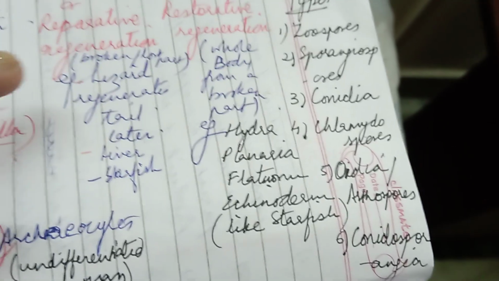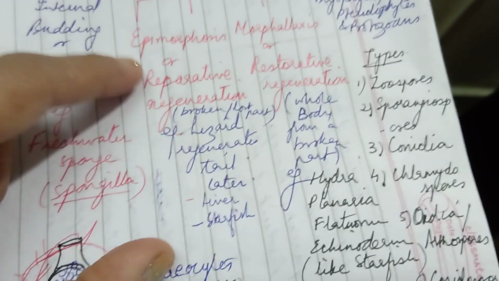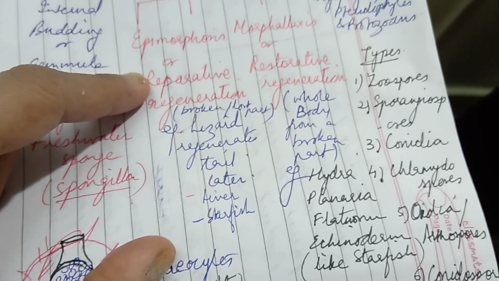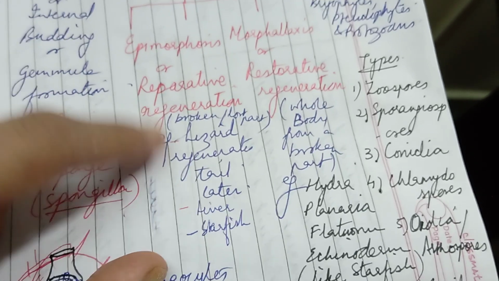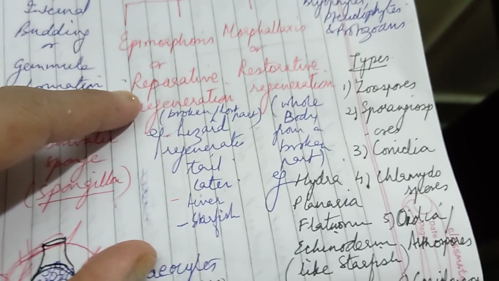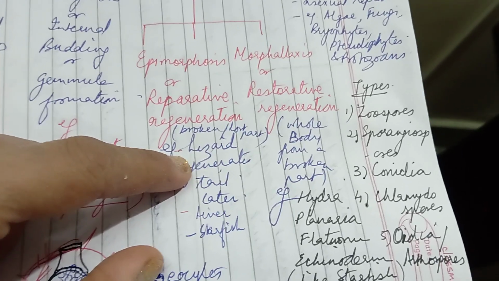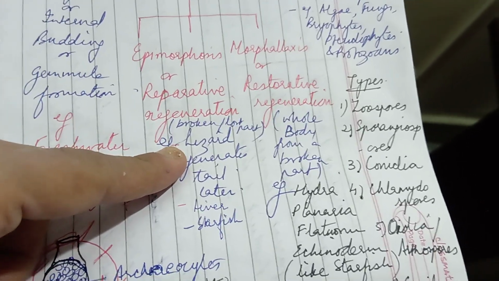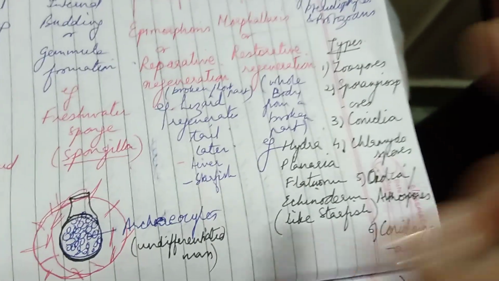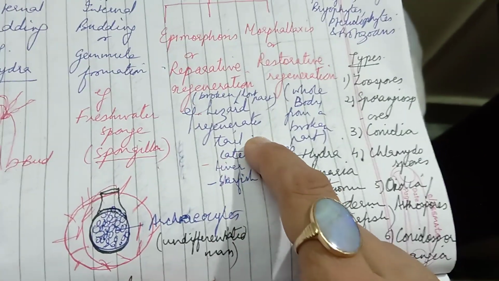But suppose the other case, reparative or epimorphosis. Now this, as the name tells you, is the repairing type of regeneration. For example, a lizard. A lizard, in many cases, to escape the enemy, loses the tail. Now in this case, the tail that is broken is repaired.